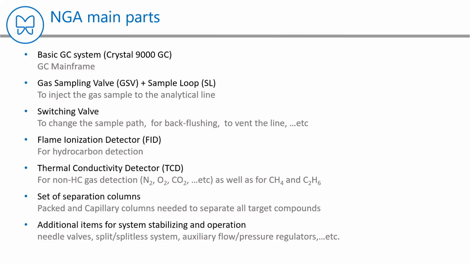To switch between different columns or to provide backflushing, venting, or in other words, cleaning of the line, we need some additional switching valves. We need a flame ionization detector for hydrocarbon detection and a TCD detector for gas detection.